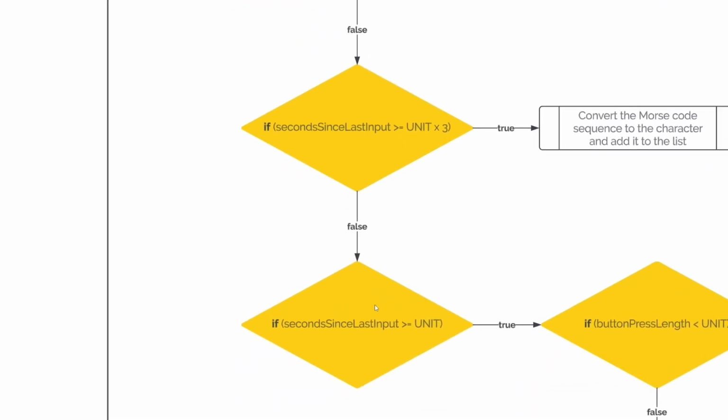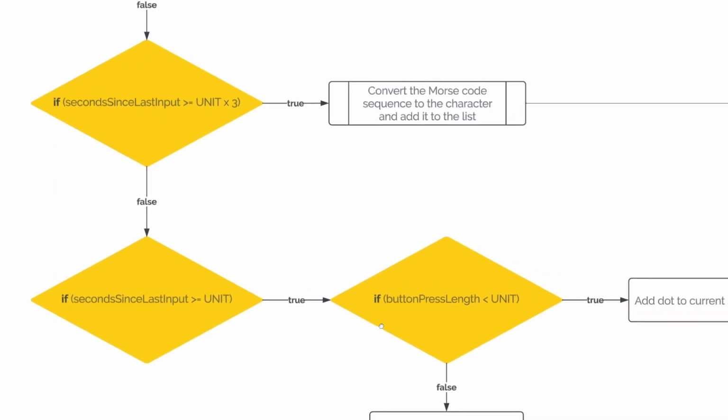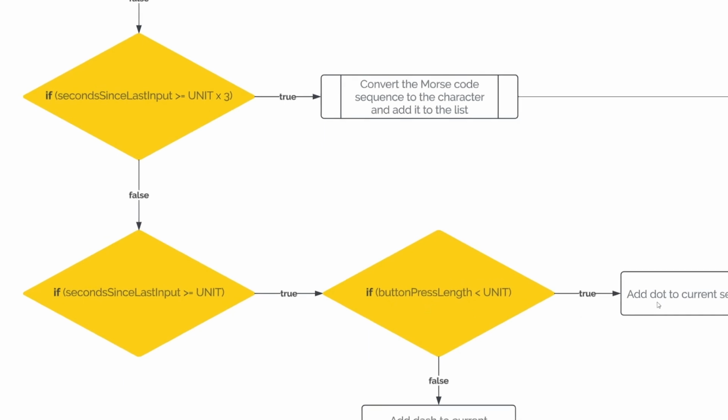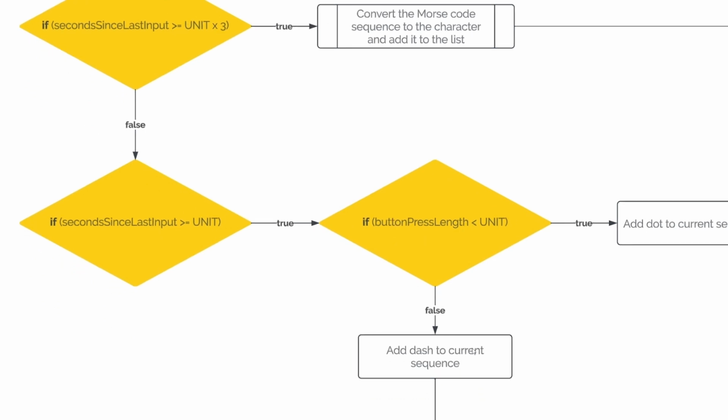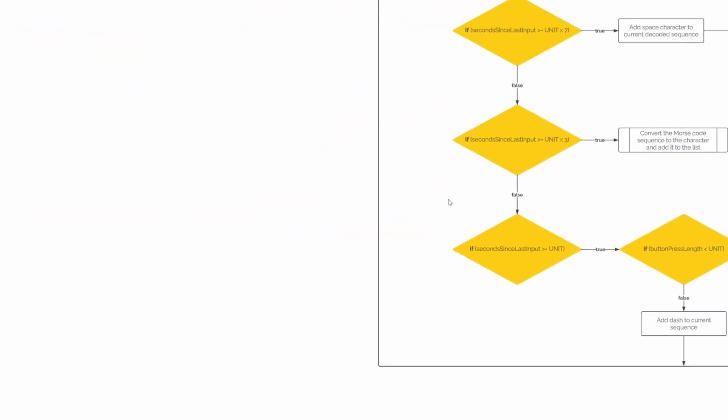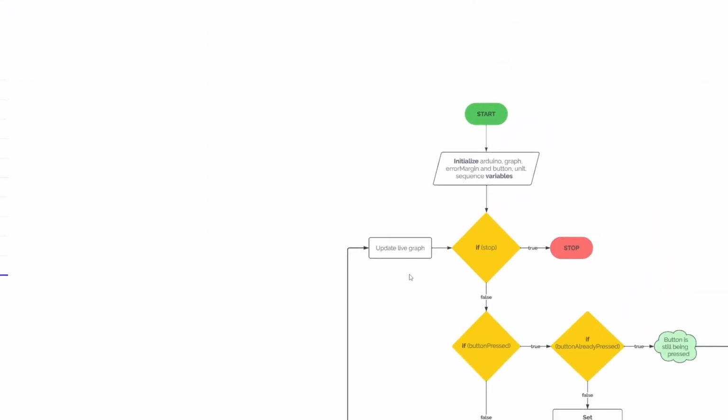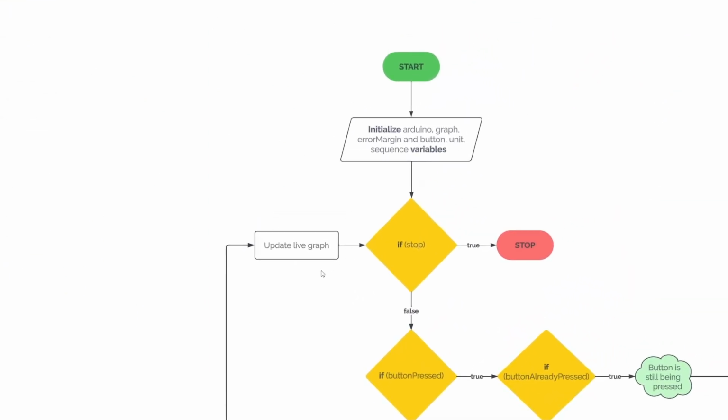Otherwise, if the seconds since the last input is 1 unit, that means the signal belongs to the letter. So it's either a dot or a dash. If the button press length is smaller than 1 unit, that means it was a dot, and we add it to the current sequence. Otherwise, that means it was a dash, and we add it to the current sequence. And that's when the loop repeats, and it updates the live graph.